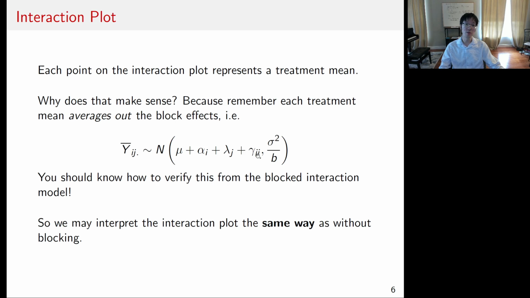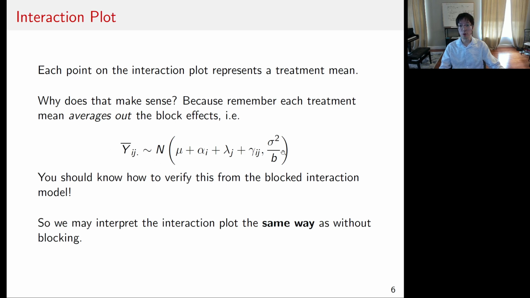So after averaging over all the blocks, there's no beta in this expression. Okay, so the treatment mean is normal with mean expressed by that particular treatment, and then a variance term that depends on the number of blocks we have.